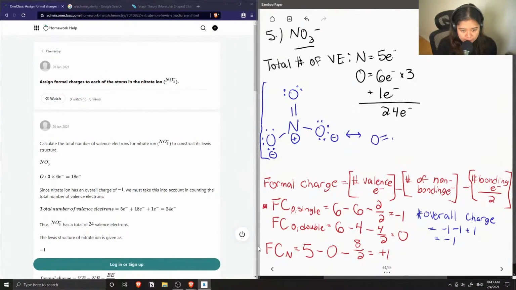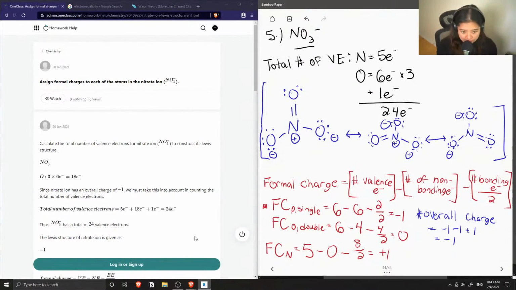So our first oxygen can have the double bond. Or the last oxygen can have the double bond as well. Okay, so these are the 3 resonance structures of the nitrate ion.